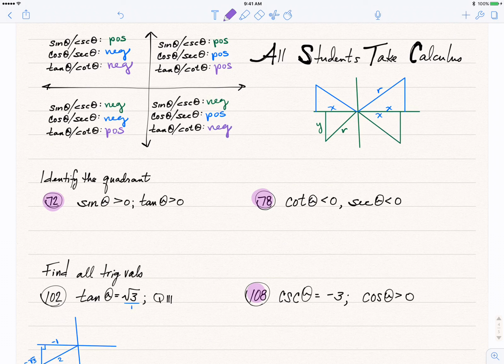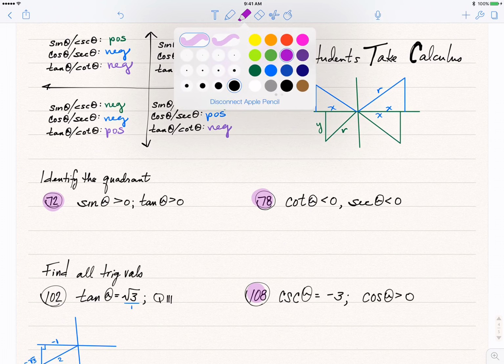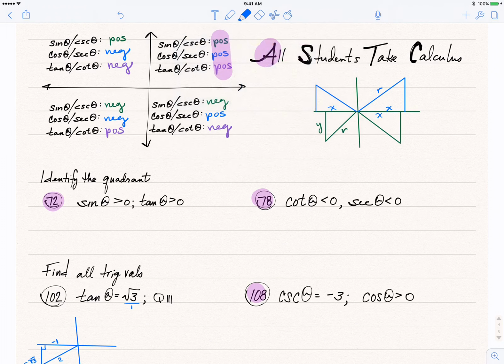And now that we see this, we can tell what our All Students Take Calculus actually stands for. So the A in all is simply because all the values are positive in the first quadrant. In the S, so we're going to the second quadrant, we're going to work our way around.